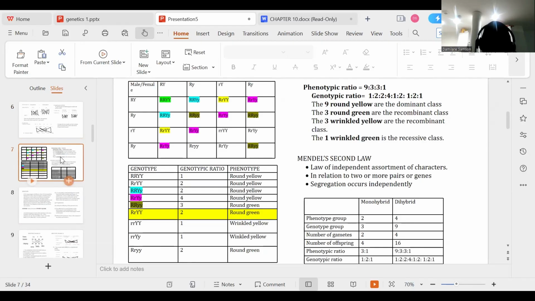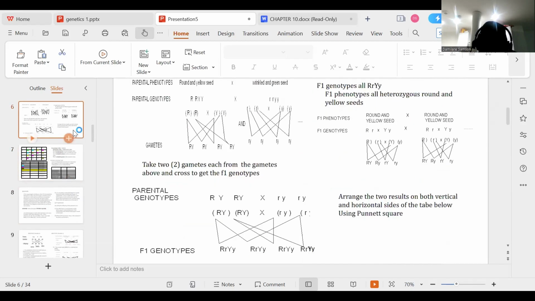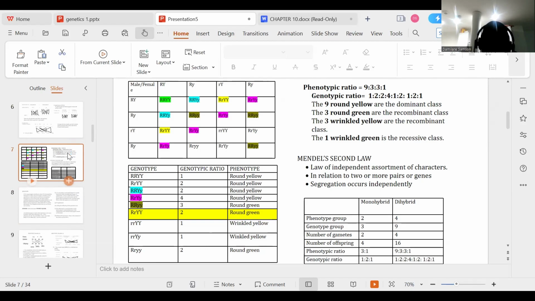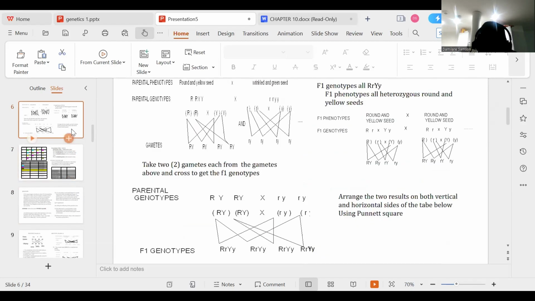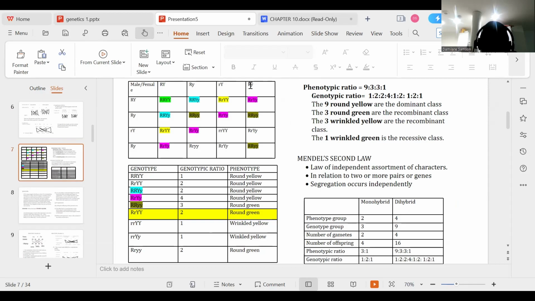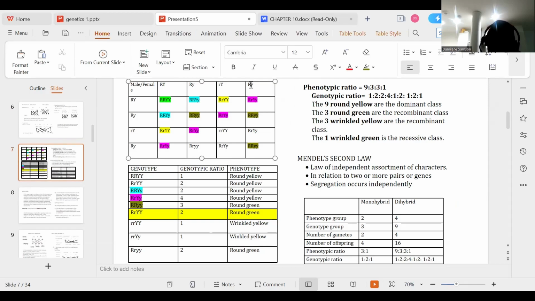Small r, capital Y, small r, capital Y, and finally small r small y, small r small y. Right. That is where the mistake has been coming from.